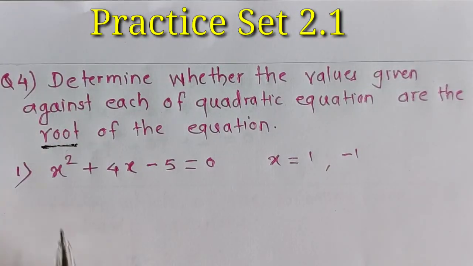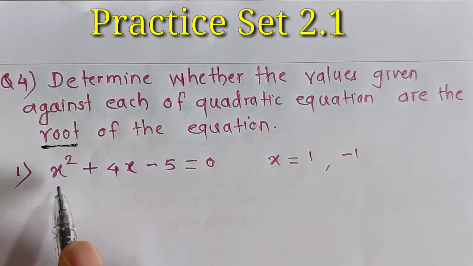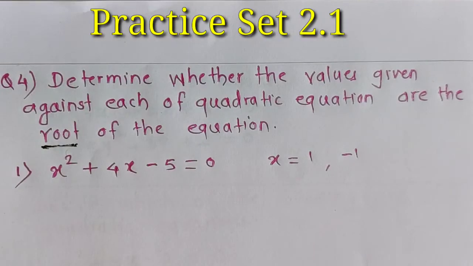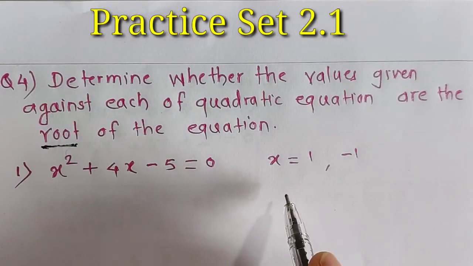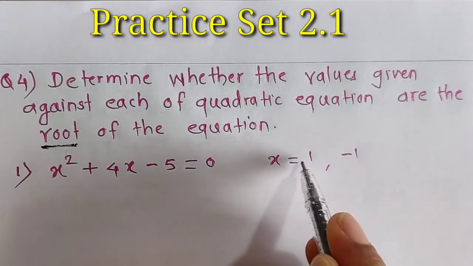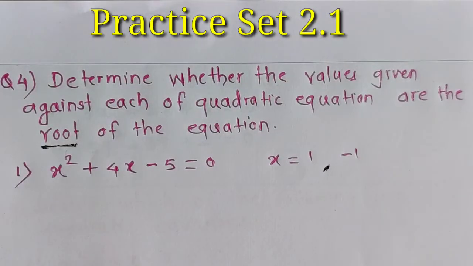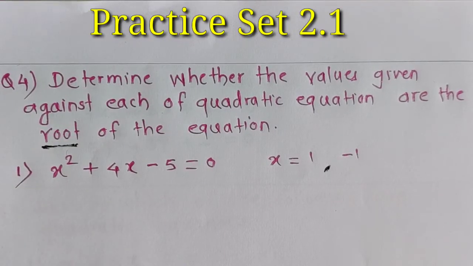That means the first equation given is x square plus 4x minus 5 is equal to 0, and we have to determine whether x is equal to 1 and second value x is equal to minus 1 are the roots of that equation, or are not the roots of that equation.